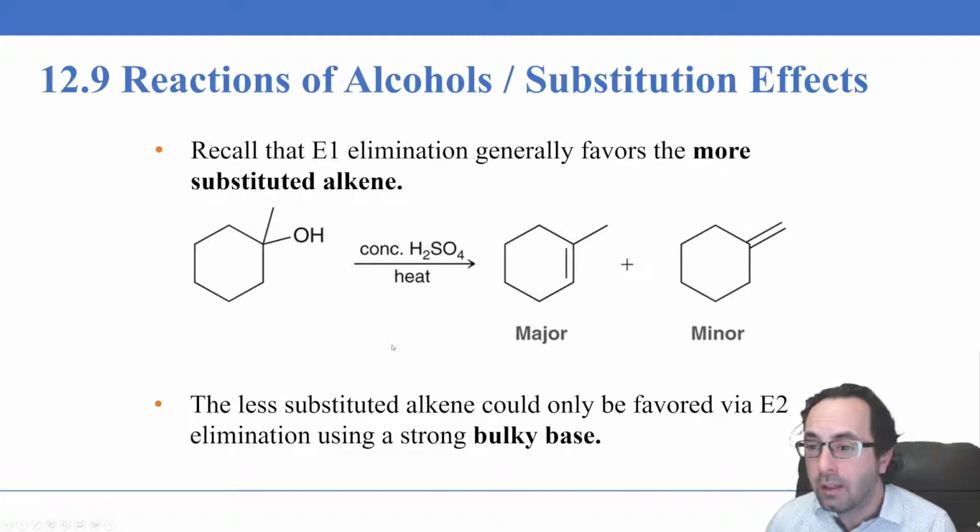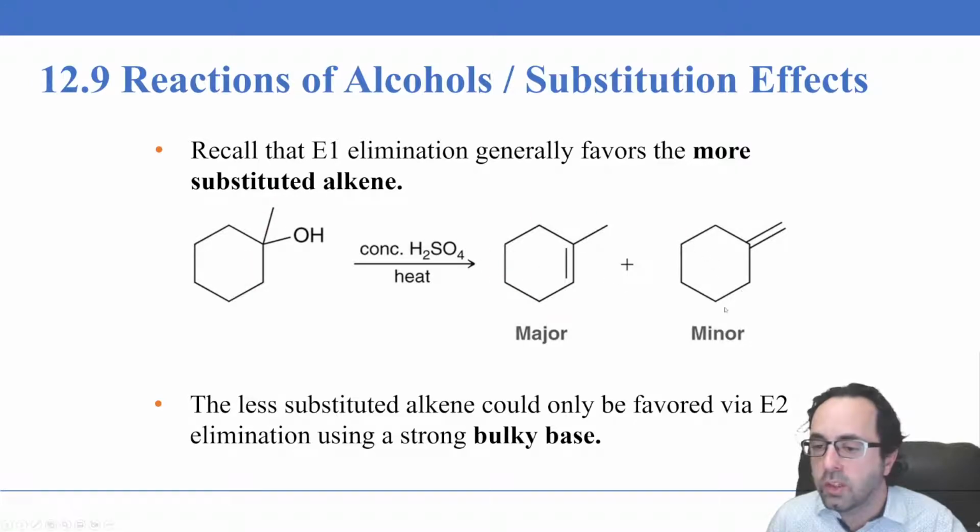Remember that these acid catalyzed eliminations will favor the more substituted alkene. So you have to consider the regiochemistry. We're going to have mostly, almost completely, the more substituted alkene. So if we're doing an elimination here, we're going to eliminate right here instead of right here.